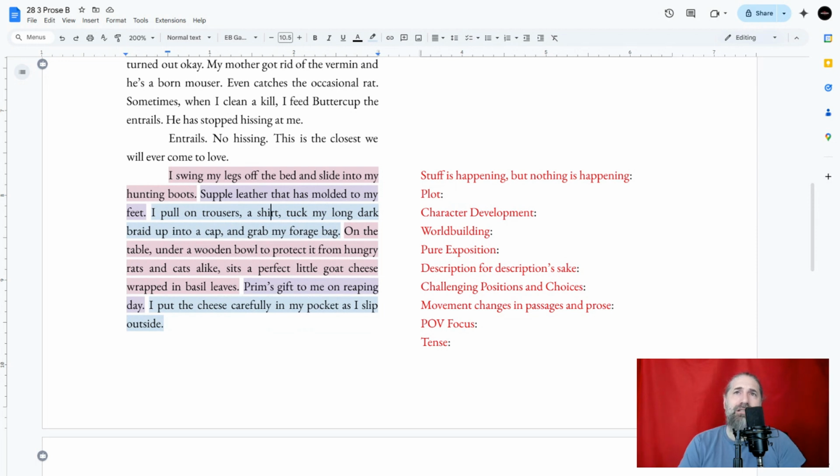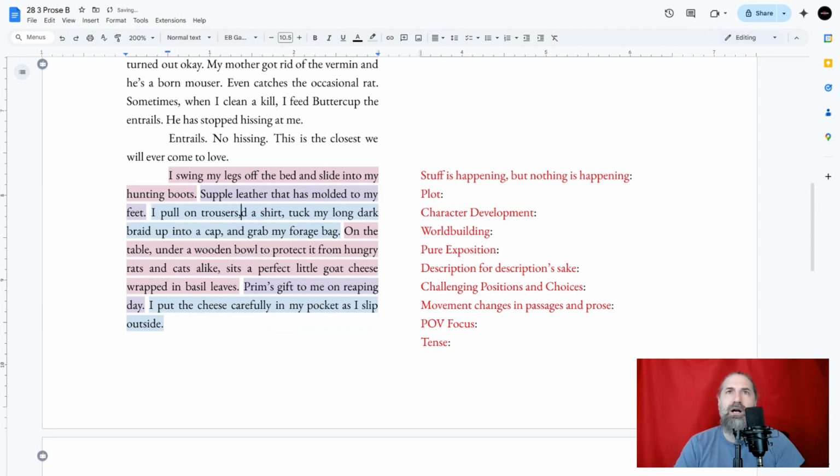The reason this is not accurate is because pulling on trousers and a shirt is one movement, and tuck my long dark braid is a new movement. So technically it would be: I pull on trousers and a shirt, tuck my long dark braid up into a cap, and grab my forage bag.